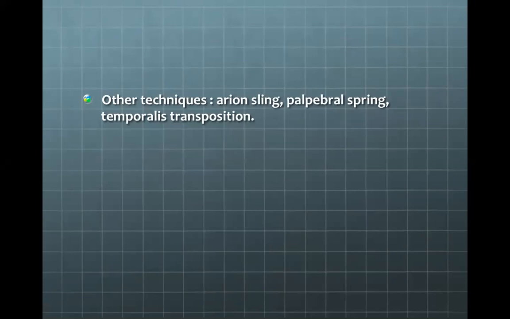That's why they're not used that frequently. And temporalis transposition, where we transpose the temporalis muscle into the upper and lower eyelid, but it's technically difficult and challenging, so that's why it's not used that frequently.